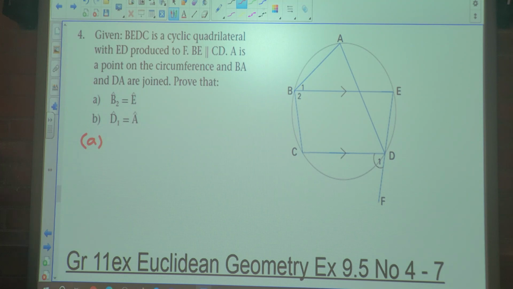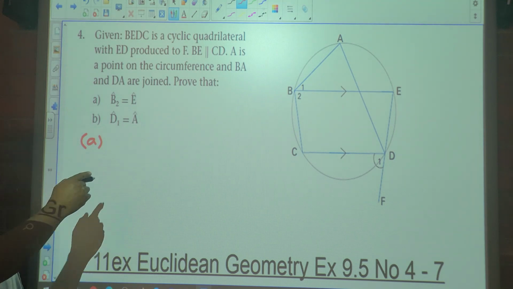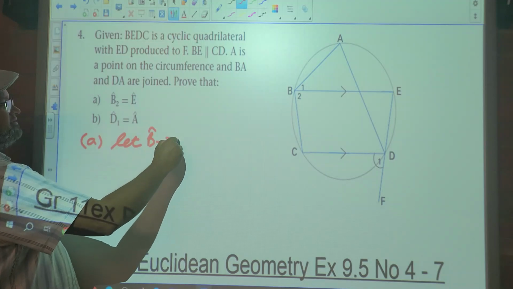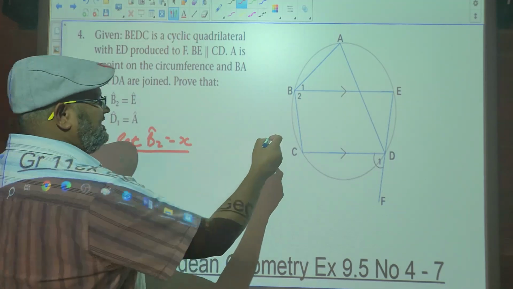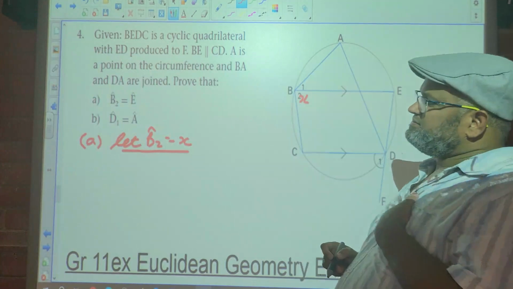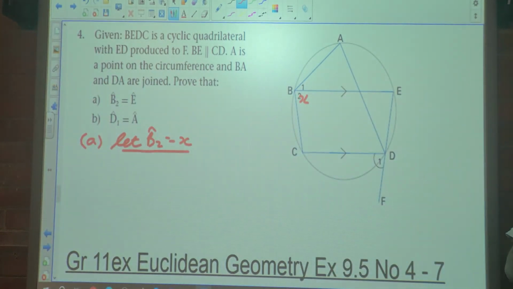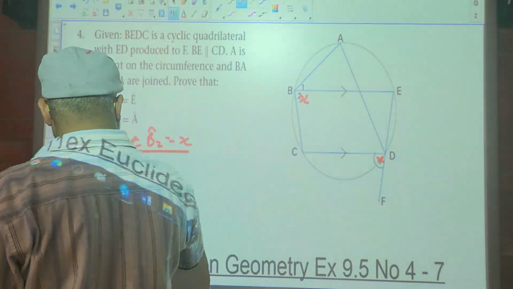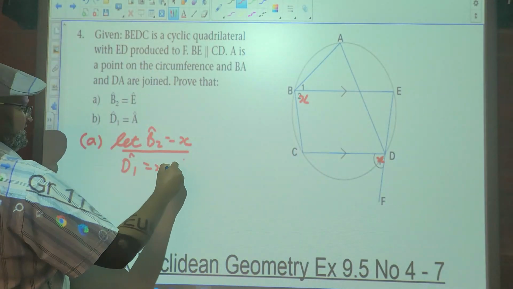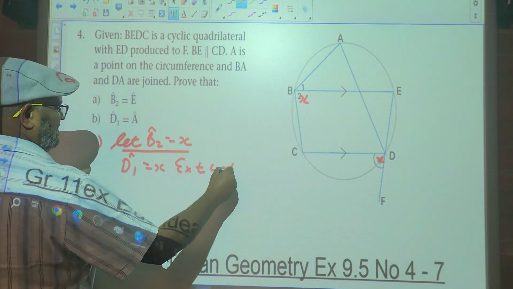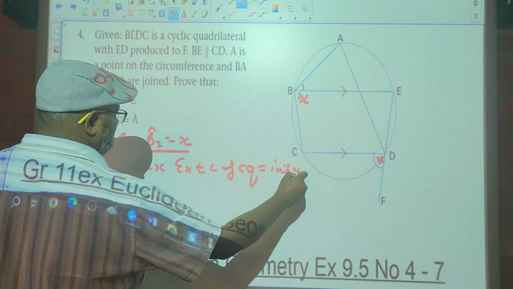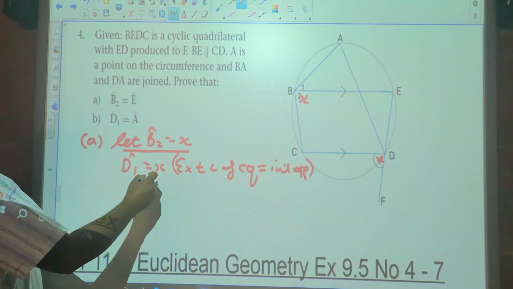We always bring our X into it. It's the best part of our life. So we say let B2 equal, or you could let E equal X. Now what? Which other angle will be X? D1 is X. Why is D1 X? Exterior angle of cyclic quad equals the interior opposite angle.